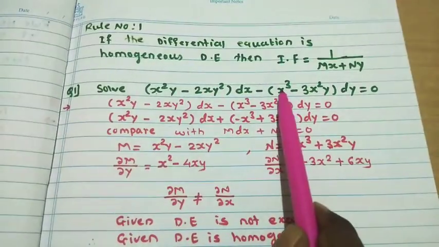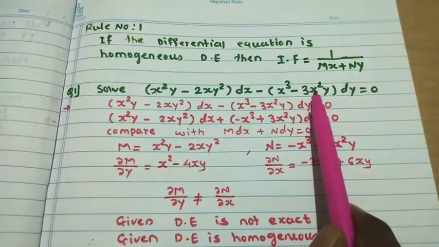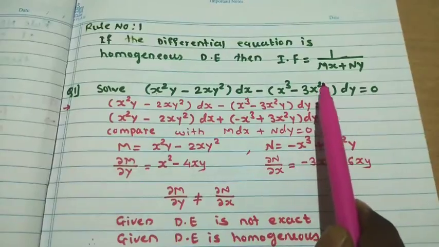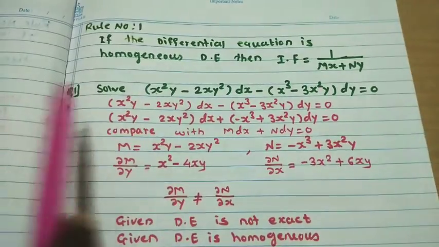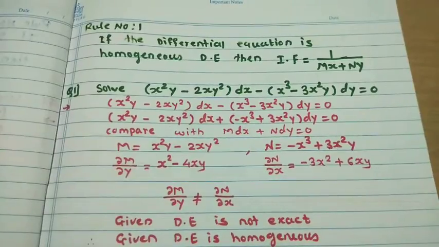The power of x is 3, so degree is 3. Here power of x is 2, power of y is 1, so degree is 3. So each and every term has degree 3, which means this is a homogeneous differential equation.